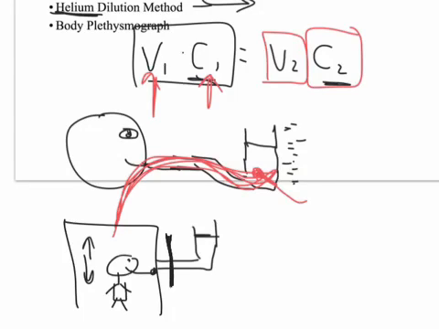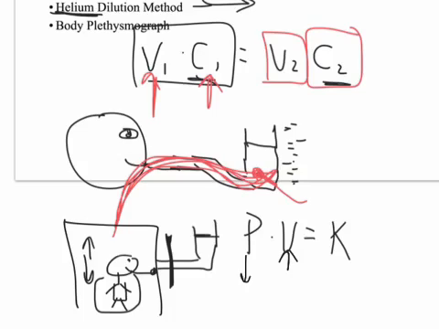They stop you from breathing, and they tell you to go ahead and try to breathe. So you breathe in, your lungs actually expand, but nothing goes into the lungs, and so you can use Boyle's law. Pressure times volume equals some constant. So as the volume of your lungs goes up, the pressure will go down, and they can measure the pressure of your lungs.